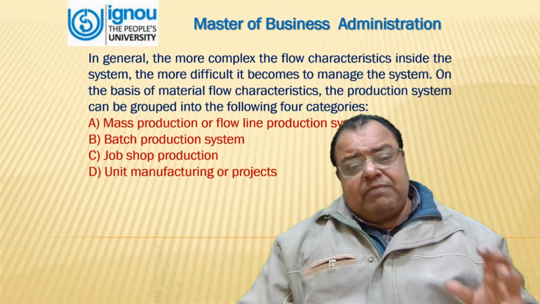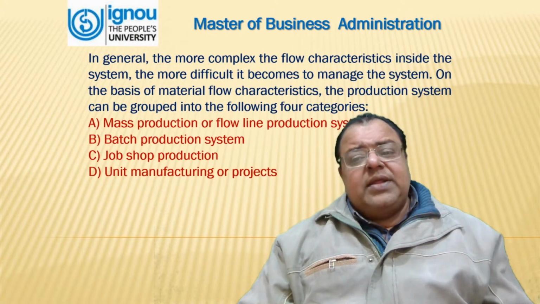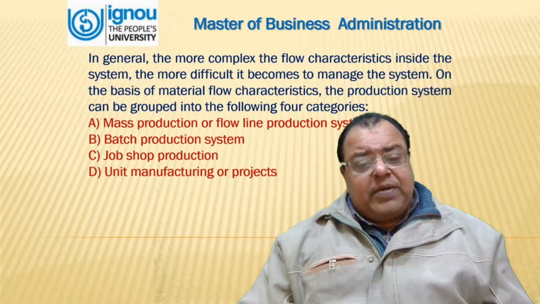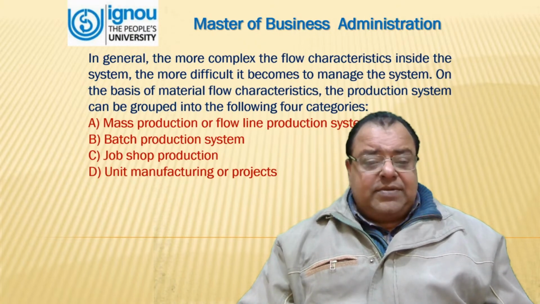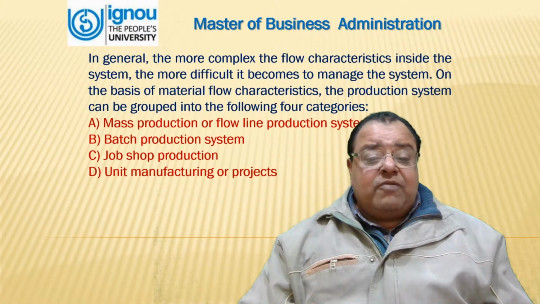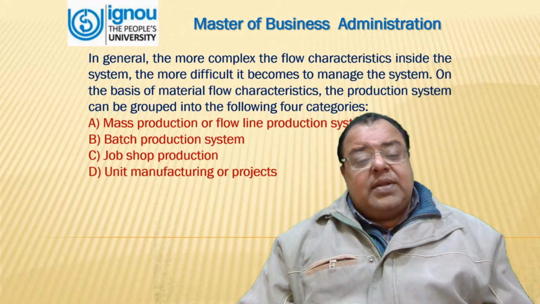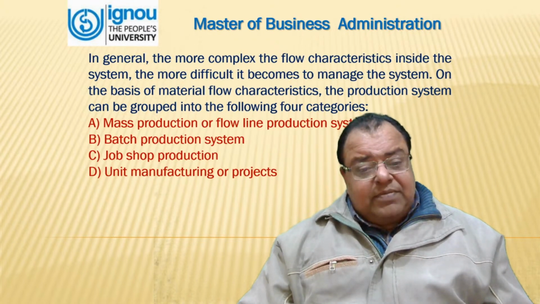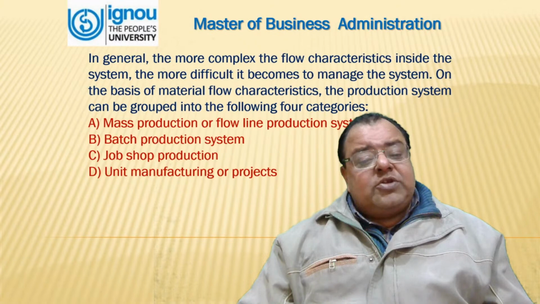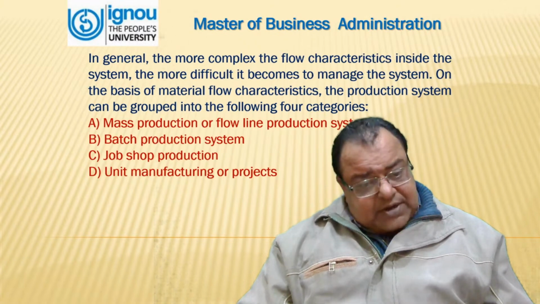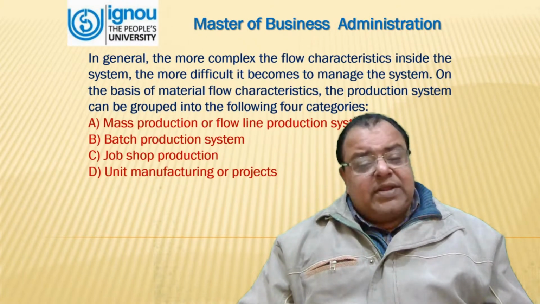On the basis of material flow characteristics, the production system can be grouped into four categories: mass production or flow line production system, batch production, job shop production, and unit manufacturing or projects.